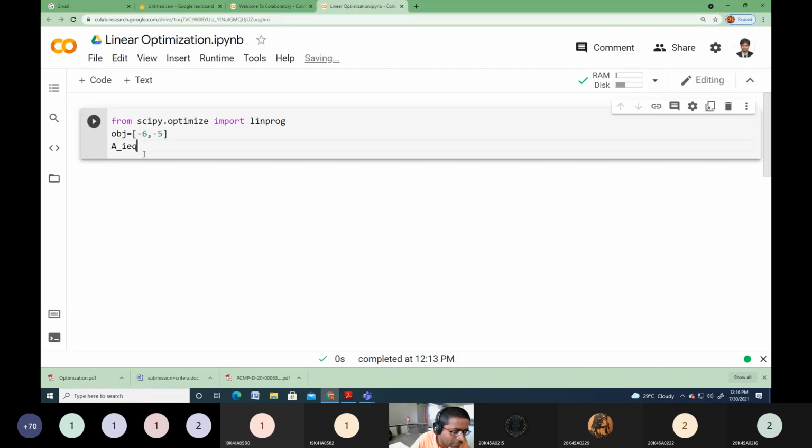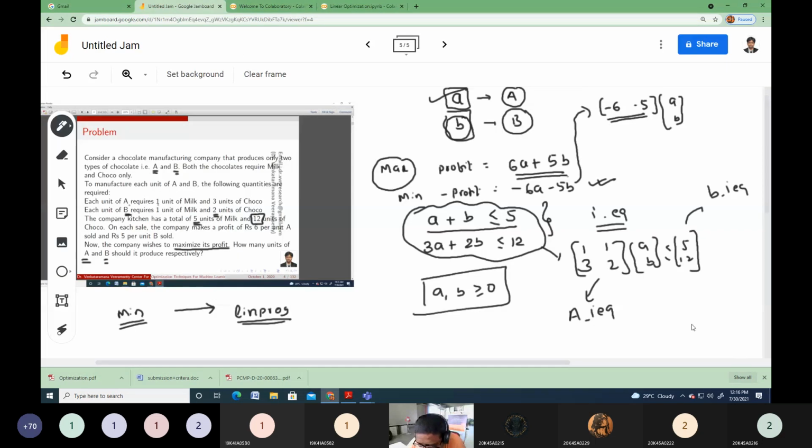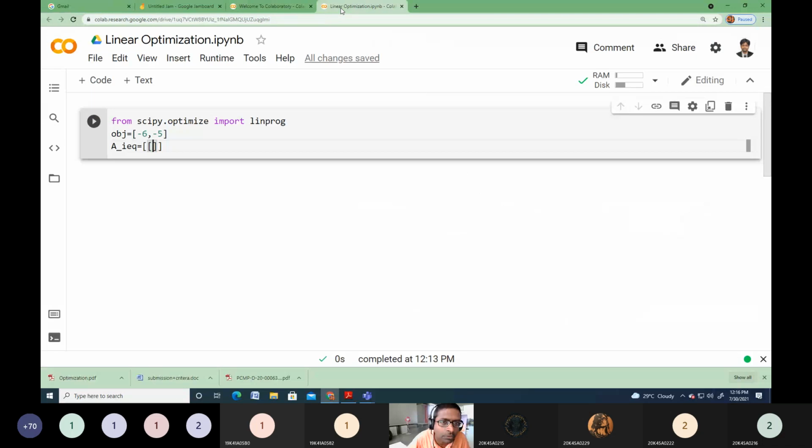So A underscore IEQ is a variable which holds the coefficients of the inequality constraint equations. What are the coefficients here? First row is 1 1. Each row you have to separate with square brackets. So observe, 1 comma 1 is the first row.